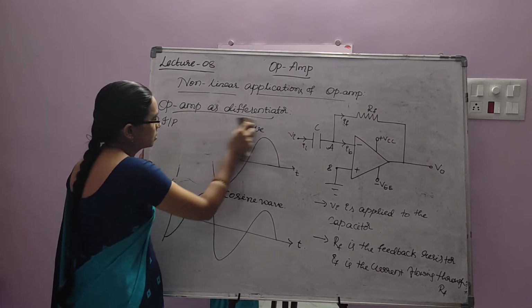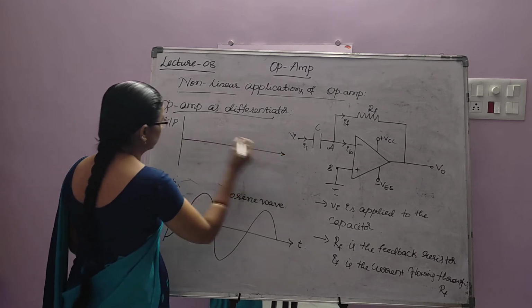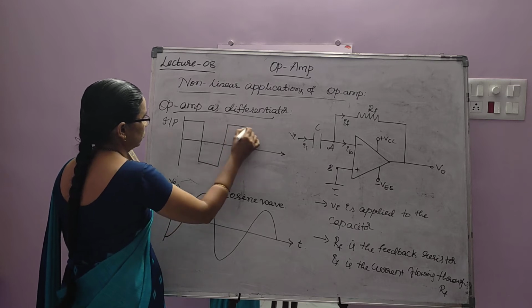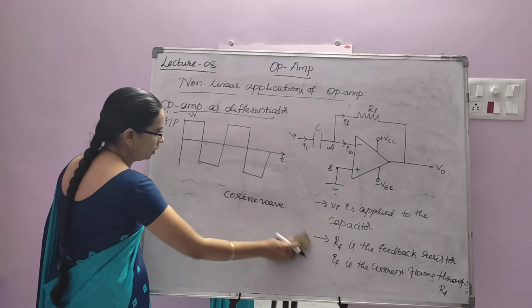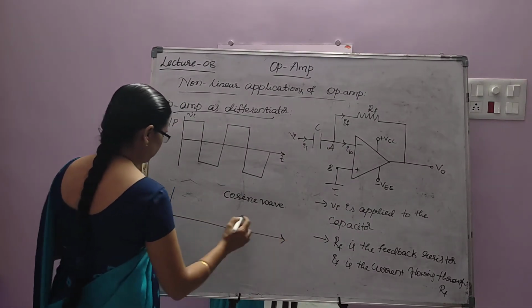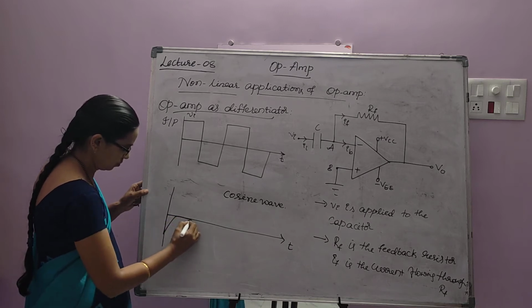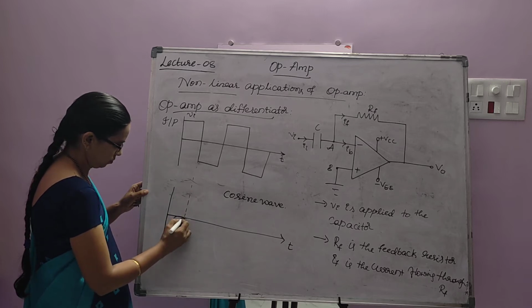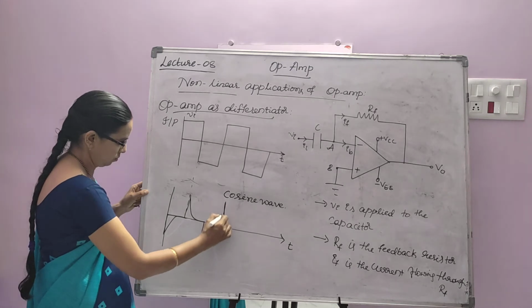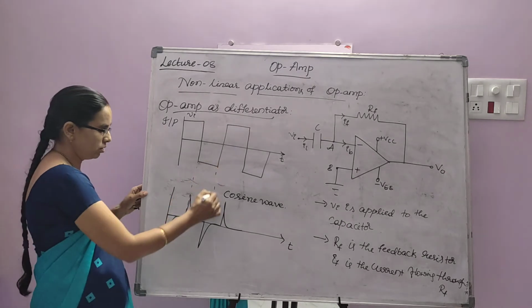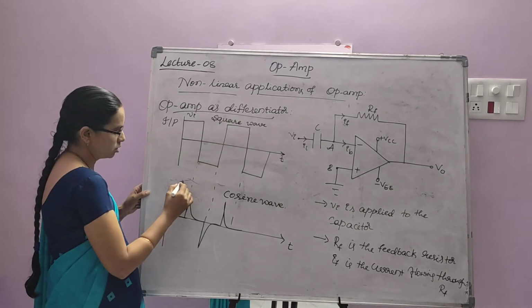And if the input of the differentiator is a square wave, then the output will be a spike waveform.